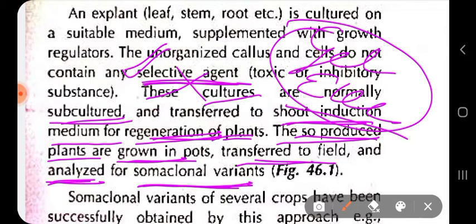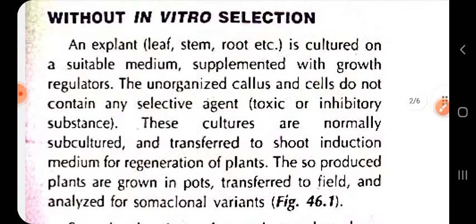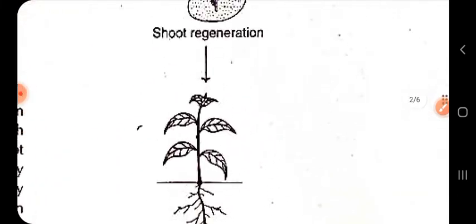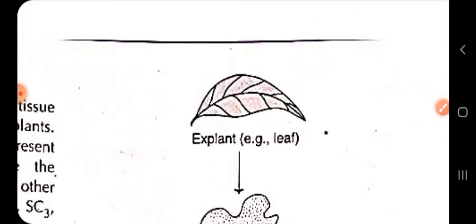We will see them and check if some variation occurs in the plants or not. Here we are not using any selective agents. We do the tissue culture with a similar procedure, and we try to see later whether some variation occurs within the regenerated plant.